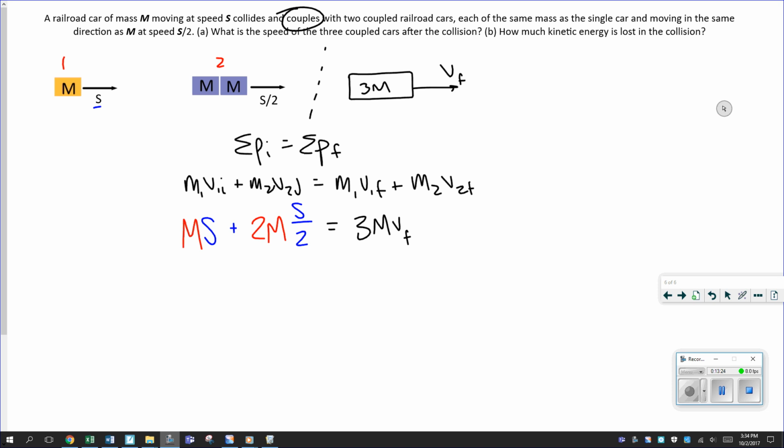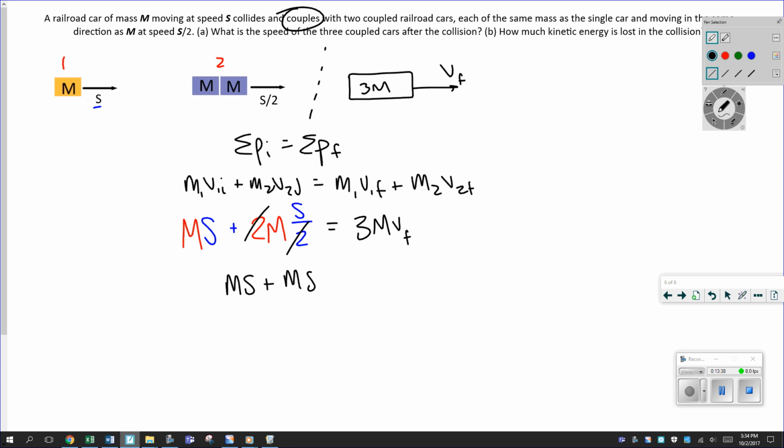Okay, so left side, let's do some algebra and simplify. First off, this 2 and this 2 go. So we have m times s plus m times s is 3m times vf.